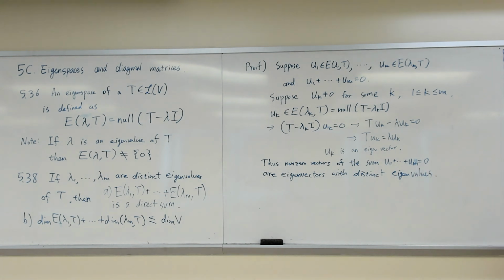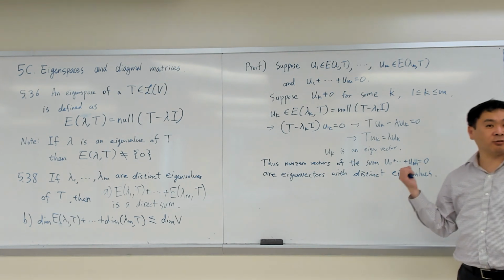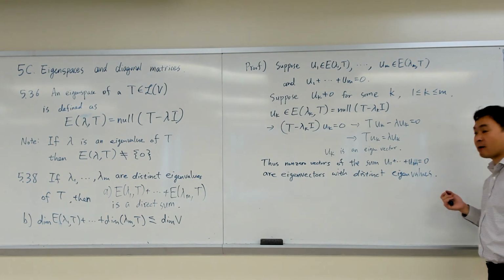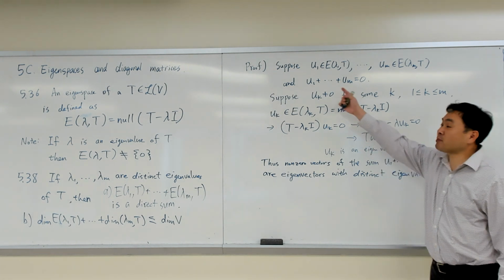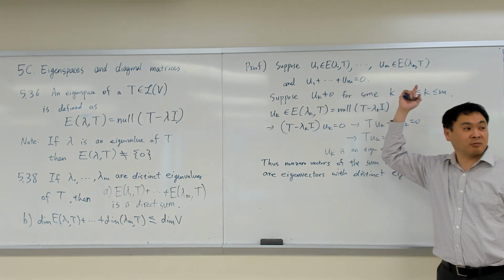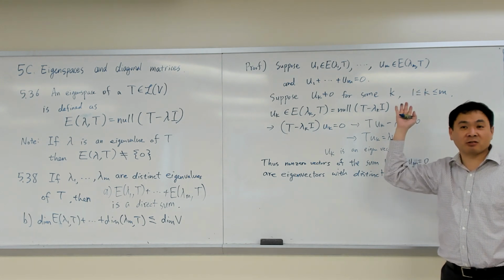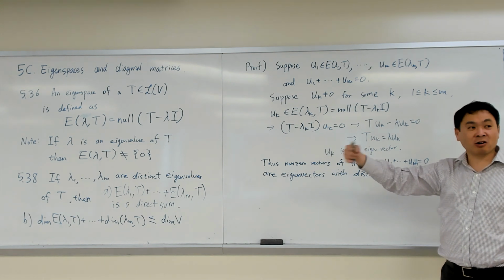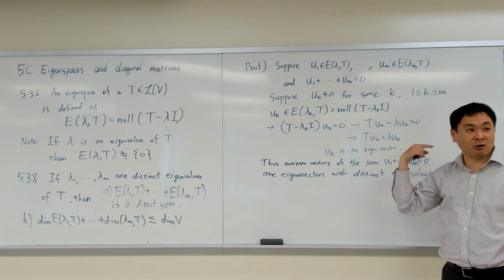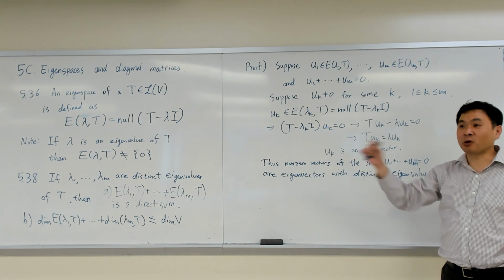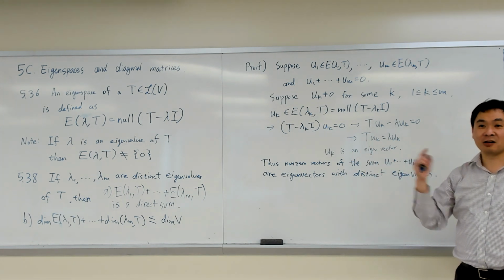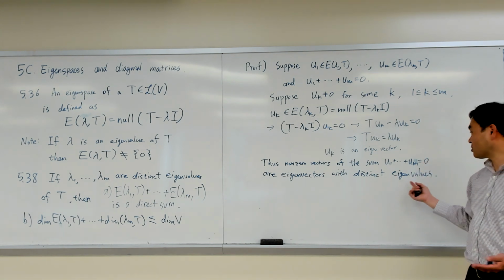But then we also learned last time that if you have eigenvectors with distinct eigenvalues, then that list is linearly independent. So can you have linearly independent vectors adding up to 0? That's impossible, right? Because the only way you can have some linear combinations that add up to 0 is when all the coefficients are 0. You're trying to say that the coefficients are 1 and it's adding up to 0. So that's a contradiction, right?